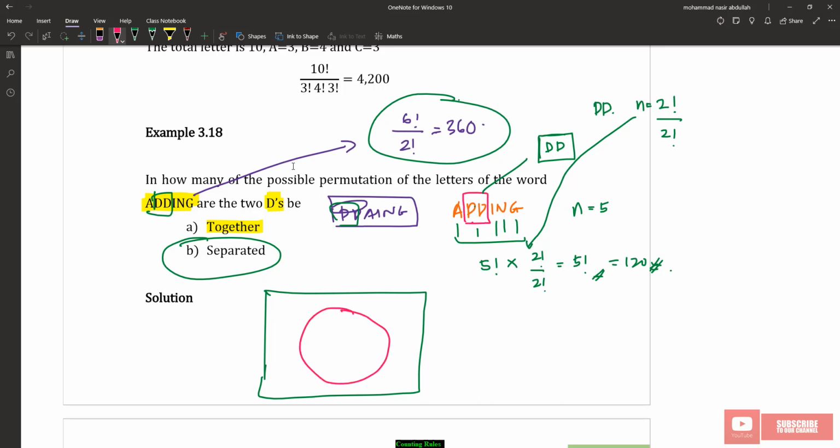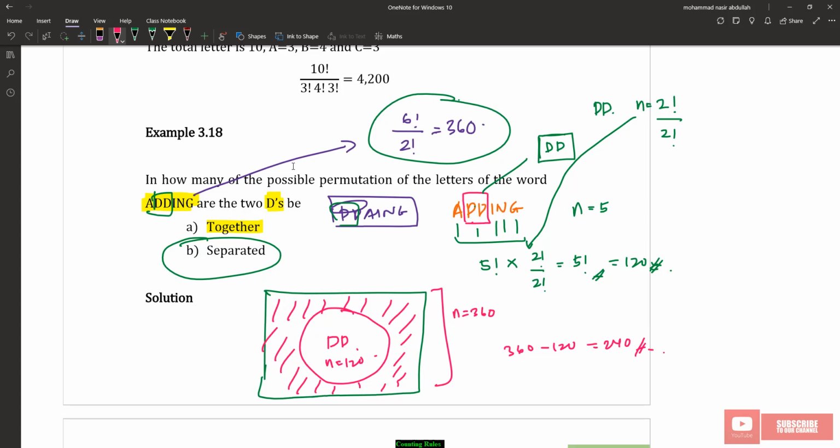The circle here represents the D's together, and outside of the circle represents the D's not together. The total for this rectangle is n equal to 360, and this is equal to 120. So the balance should be 360 minus 120 equal to how much? 240.